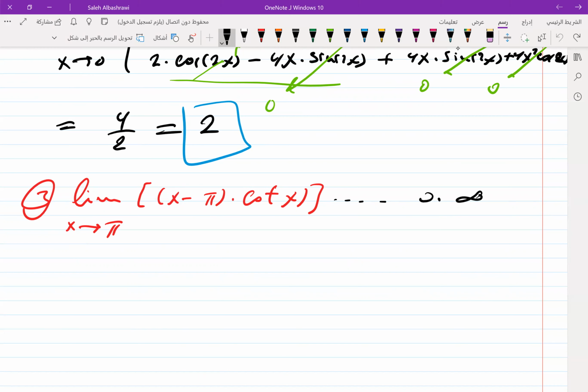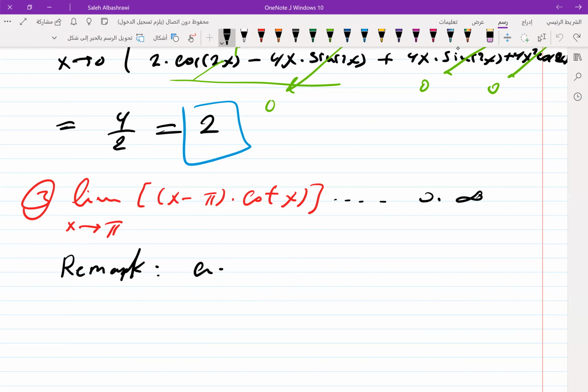Now to find the limit using L'Hôpital's rule, we have to write it as numerator divided by denominator. But I have multiplication, so I need this rule.